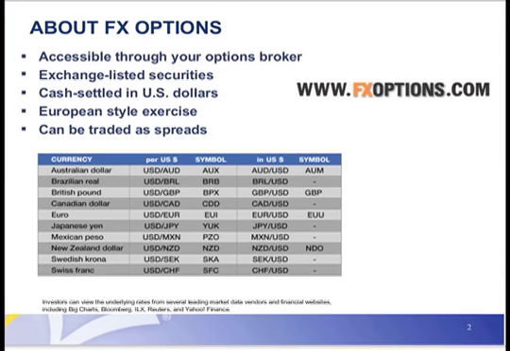I just want to remind everyone that you can trade currency options right through your equity options broker. So you just need to have a brokerage account through an equity options broker. It's no different than trading an option on Google or Microsoft or anything else. They're exchange listed. They're cash settled in U.S. dollars. They're European style exercise. You can even trade spreads.